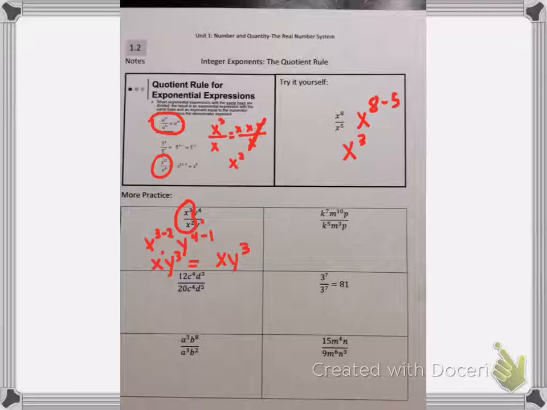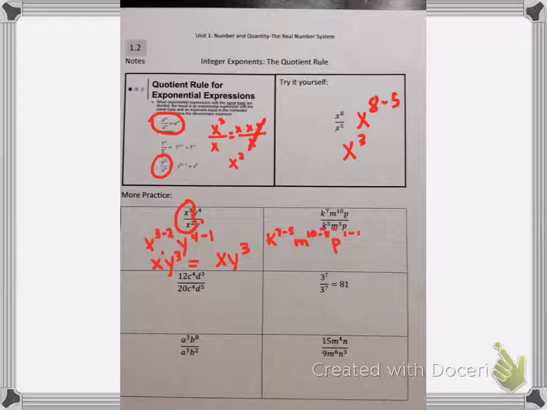Here's another example. This time though, we have some powers here on 3 different bases. So we have k's, m's, and p's. We're going to do our k's first. So we'll have k to the 7 minus 5, m to the 10 minus 3, and p to the 1 minus 1.